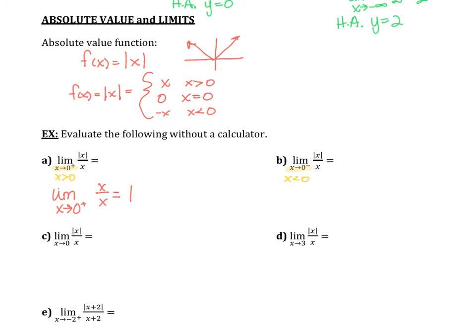So let's go ahead and rewrite my limit. This would be the limit as x approaches 0 from the left of negative x over x, which would be negative 1.